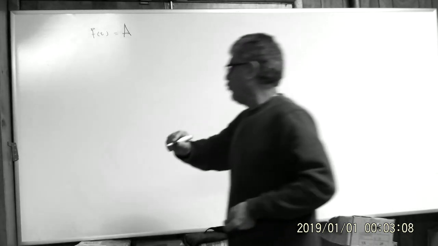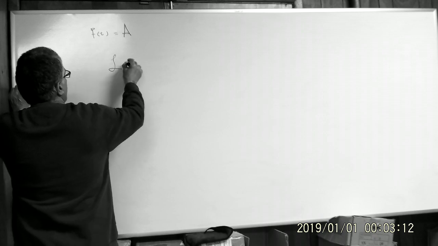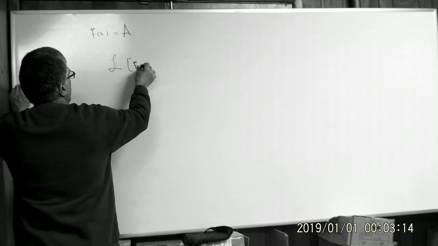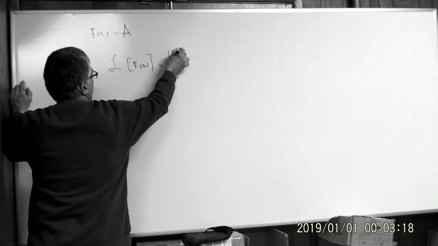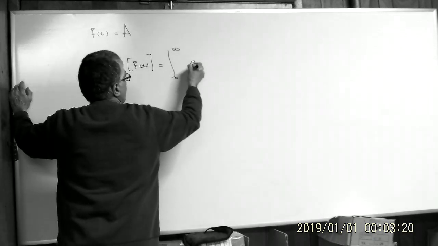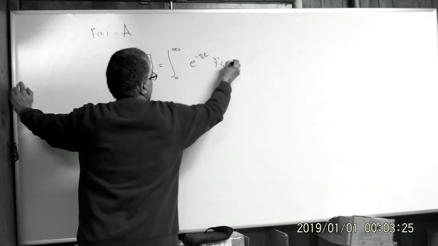So Laplace transformation of a function, we know that Laplace transformation of f of t is equal to the integration from 0 to infinity of e to power minus s t f of t dt.